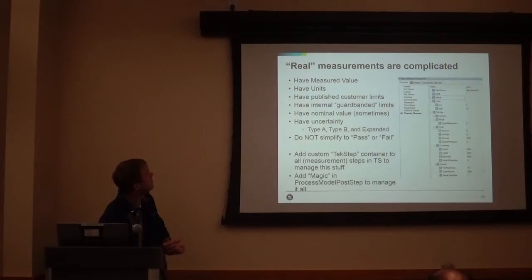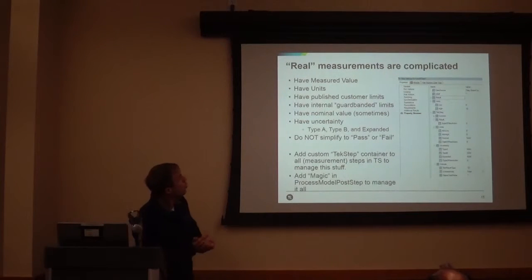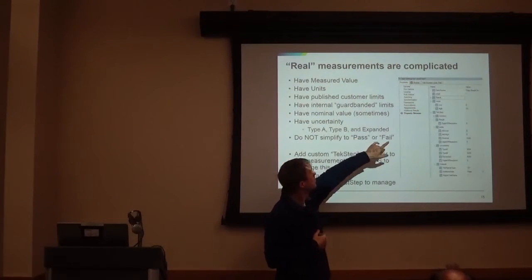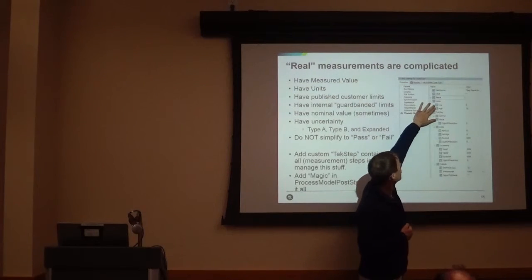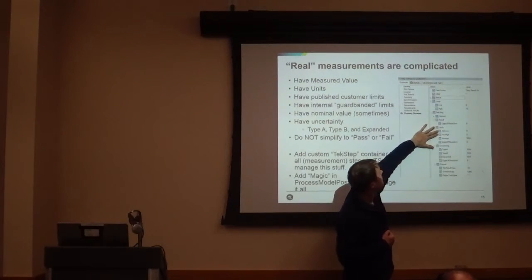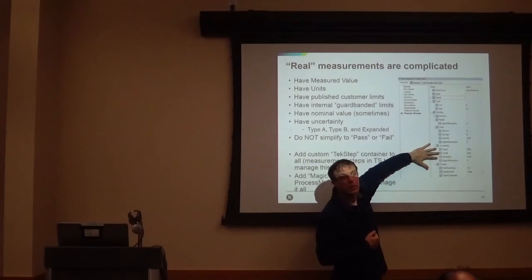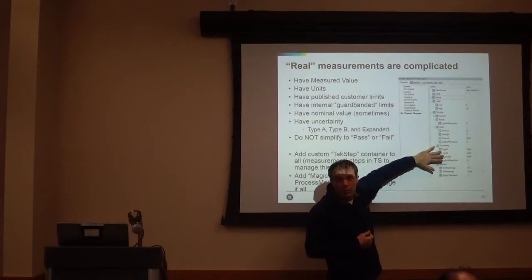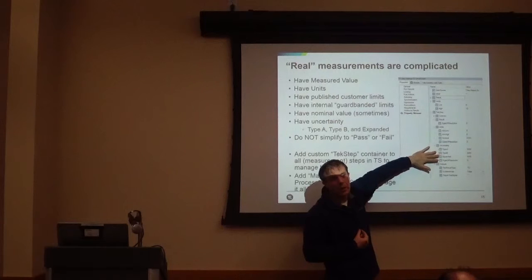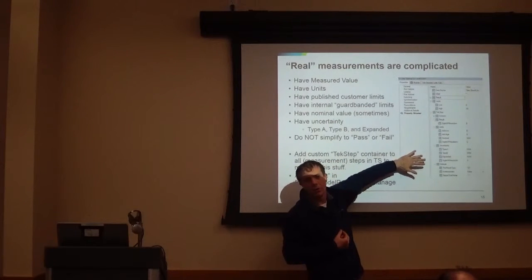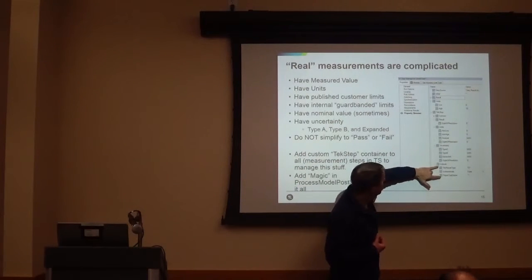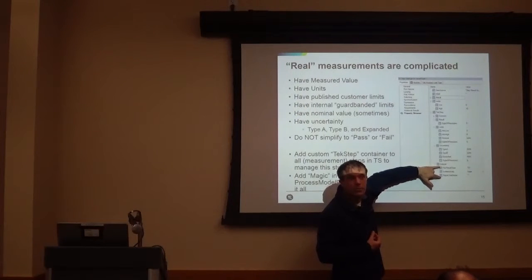So because these real measurements are complicated, we end up having to extend our results structure to have our normal set of limits, an advertised set of limits, a nominal value, and a whole set of uncertainty around that measurement, which hopefully is generally static, or you can claim a worst case value and save that as a static value as opposed to dynamically calculating your uncertainty, and deal with some amount of indeterminate values.